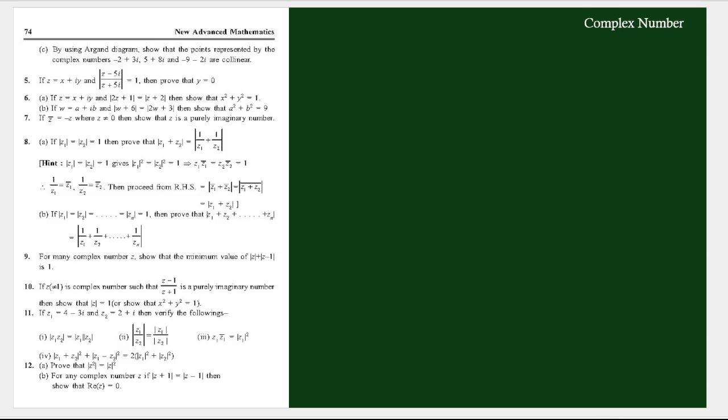The minimum cannot be less than 1, clearly. Do you remember that property?